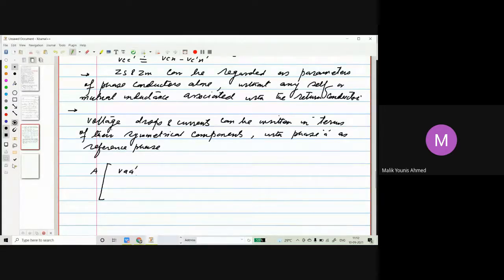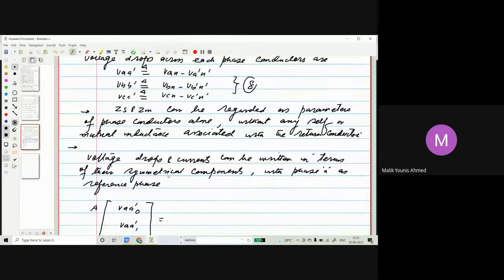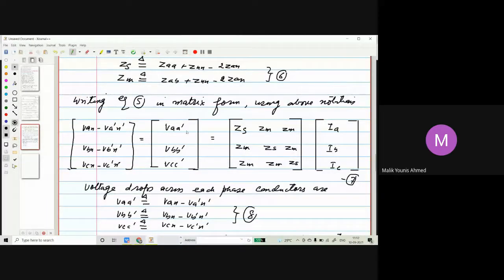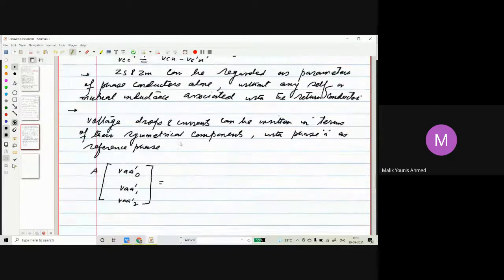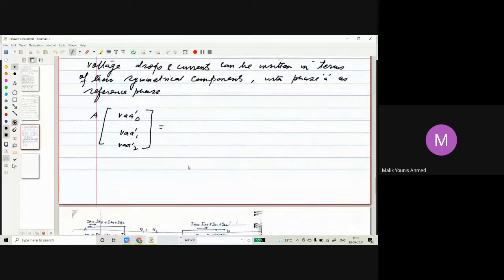VAA' 0, and then VAA' 1, VAA' 2. That will be equal to, you can see here, the matrix. This is VAA', so we'll put them all in the sequence components. What we have to do is multiply them with the matrix A. They will become symmetrical components that we have seen already.